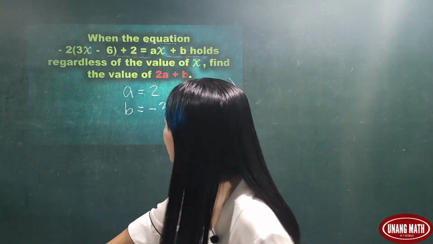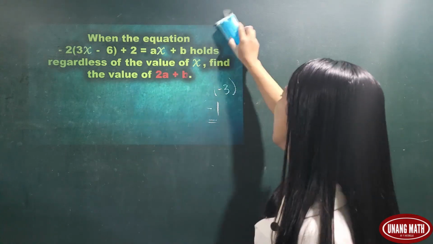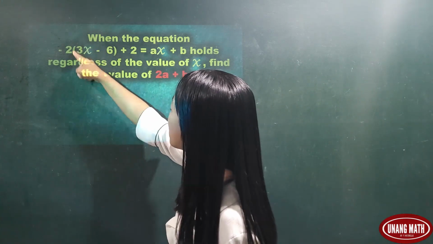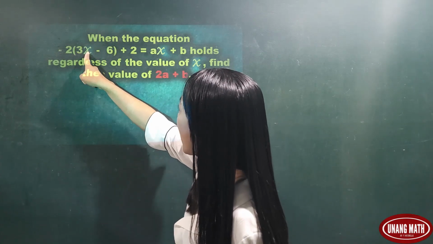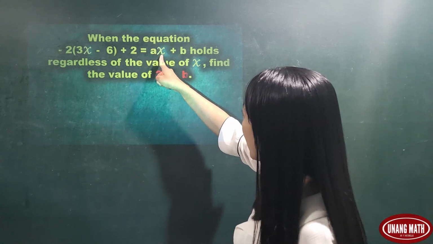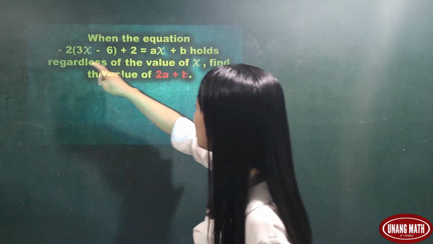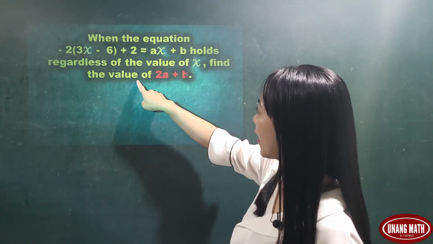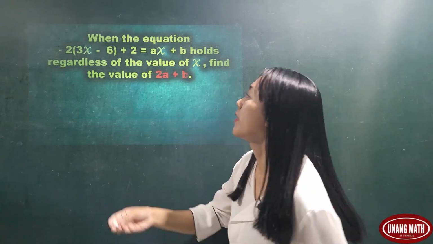Let's move on to the second problem here. When the equation negative 2 times the quantity 3x minus 6, plus 2, is equal to ax plus b, holds regardless of the value of x, we will find the value of 2a plus b.